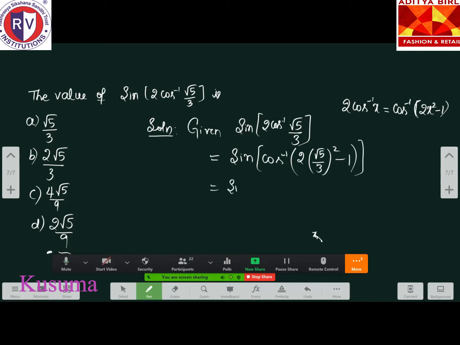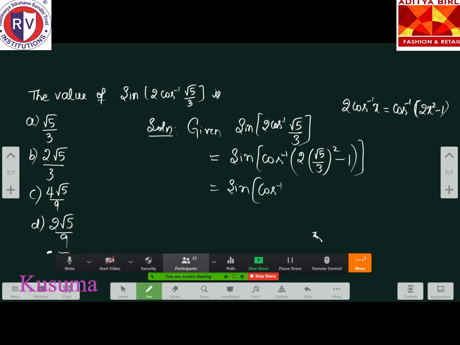So this will be sine of cos inverse of 2 into 5 by 9, that is 10 by 9 minus 1. This will be sine of cos inverse of 1 by 9.